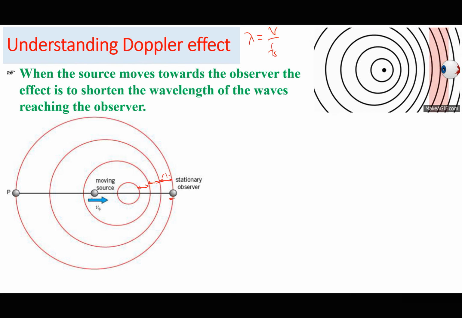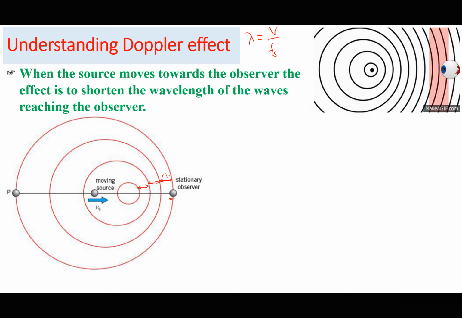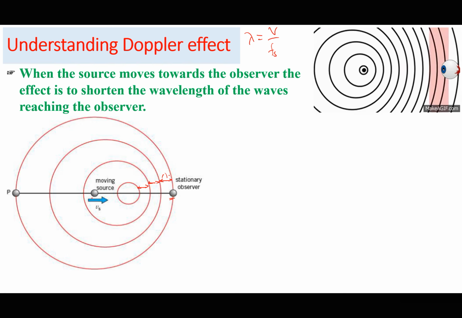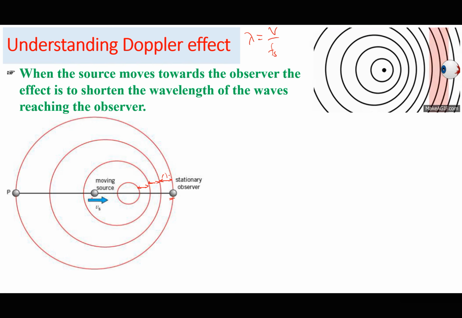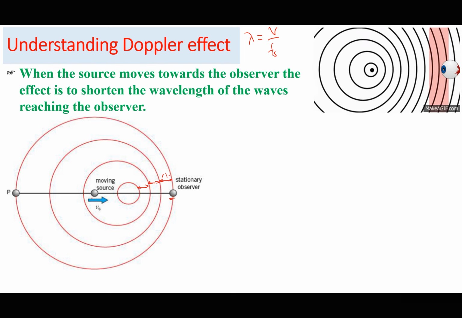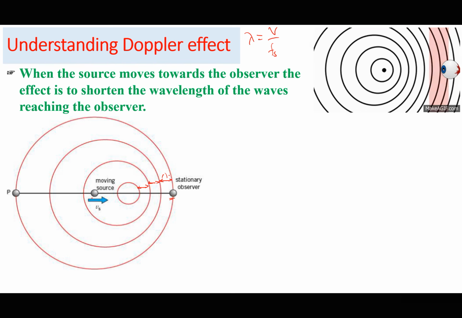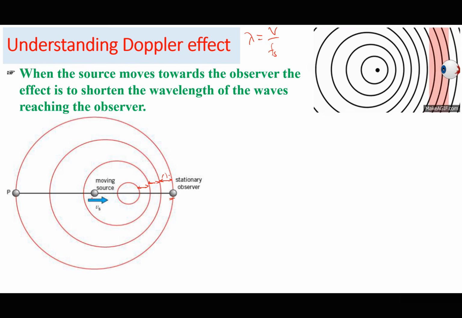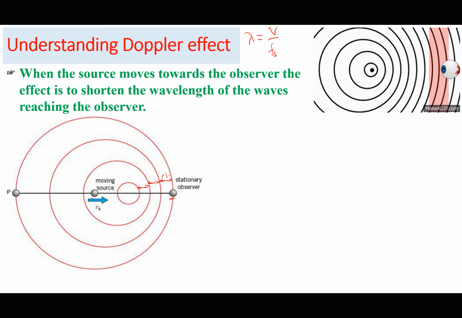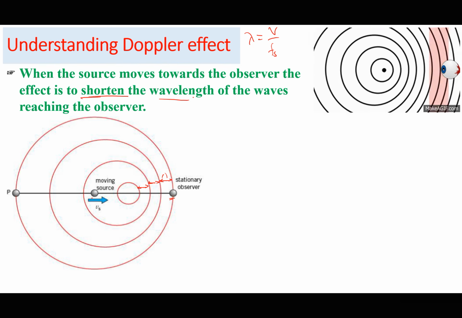The observer will detect as if the length of a cycle, or the distance traveled by a wavefront in one cycle, is very short. Remember, wavelength is the distance traveled by a wavefront in one complete cycle. So when the source moves towards the observer, the effect is to shorten the wavelength.